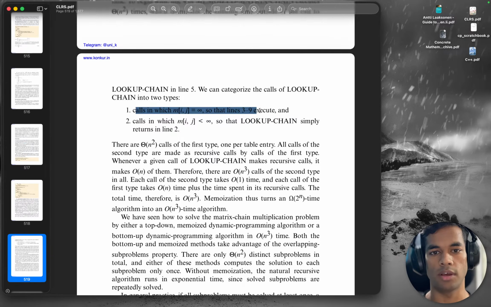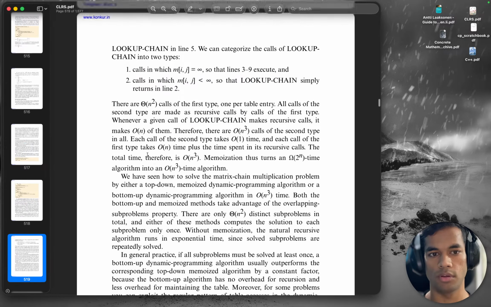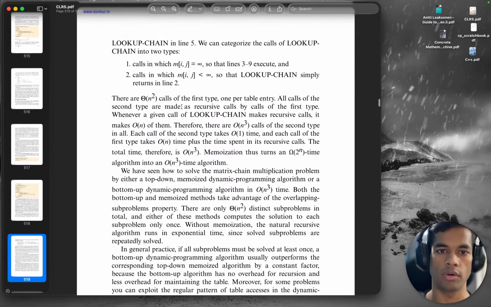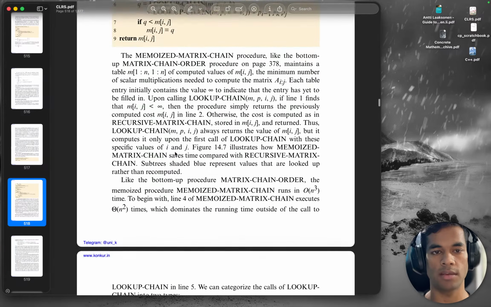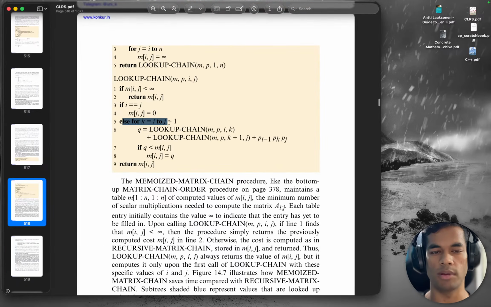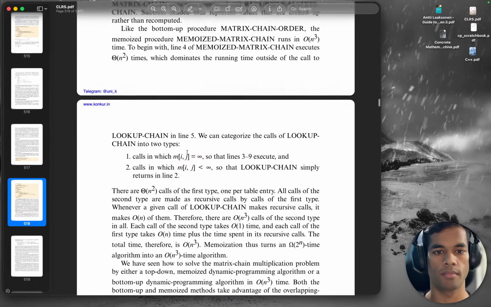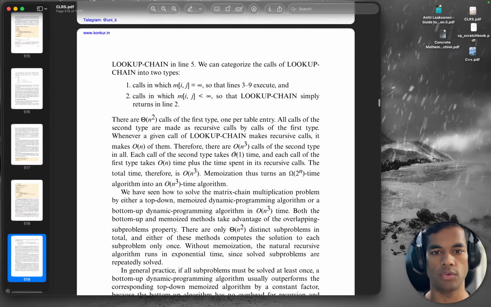If we do not have the answer, then we execute. So there are n square calls of the first type, n square calls for the first type to fill every entry. And all of those n square calls internally run n times, or something similar to n times. So n cube in total.